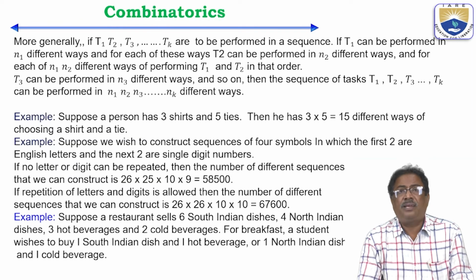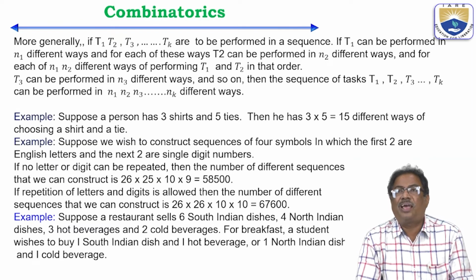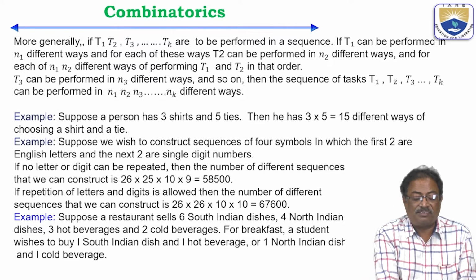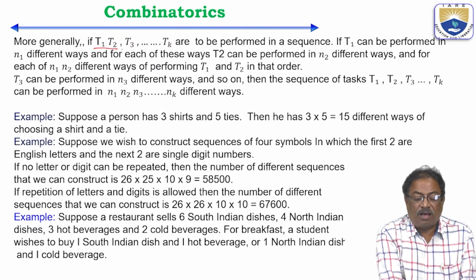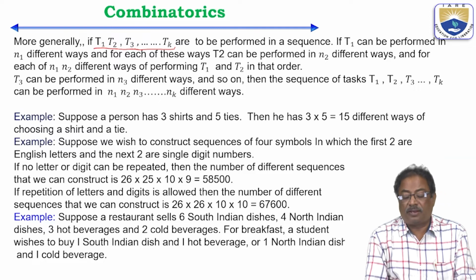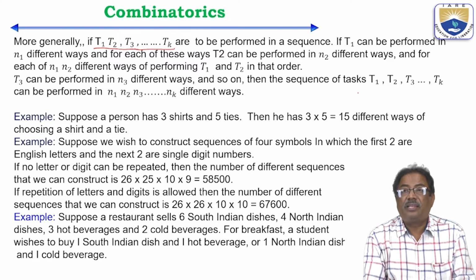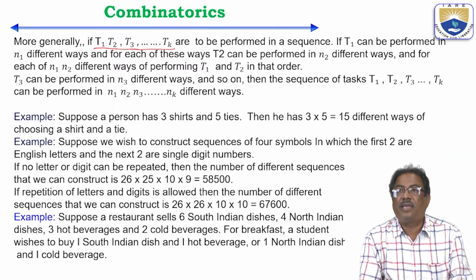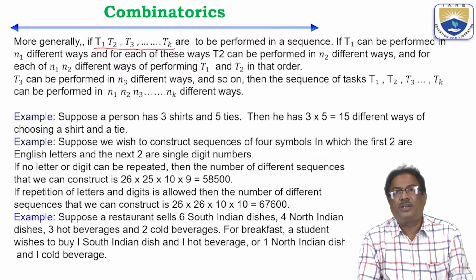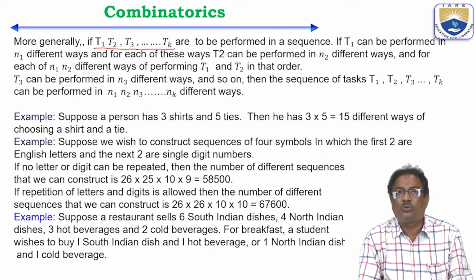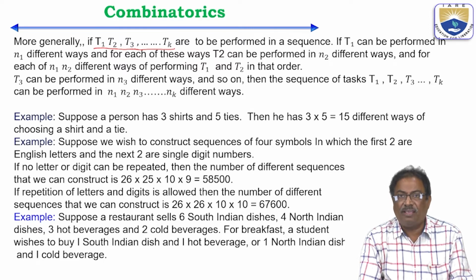In general, we are going to generalize this. Suppose there are K tasks, T1, T2 and so on up to Tk. T1 is performed in N1 ways, T2 is performed in N2 ways, and so on, Tk is performed in Nk ways.